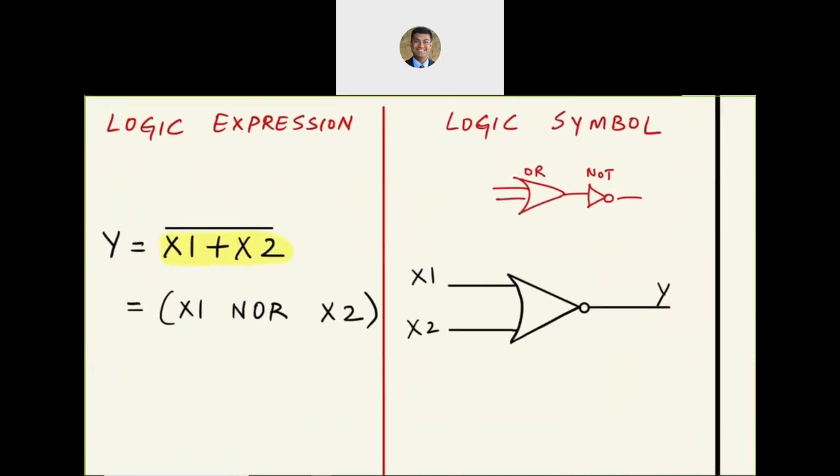Symbol, OR gate, followed by the bubble, which signifies the inversion. So we've got OR followed by NOT. That's going to be our NOR symbol.